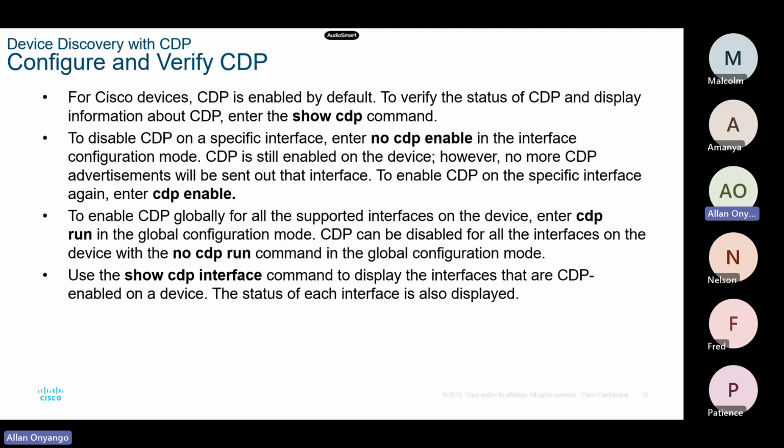If you need to enable it on all the interfaces at the same time, you go to the global configuration mode and you type cdp run. And of course, to disable it, you say no cdp run. If you want to display interfaces that have been configured with CDP, you just need to say show cdp interface, for example, G0/0. So that is CDP.